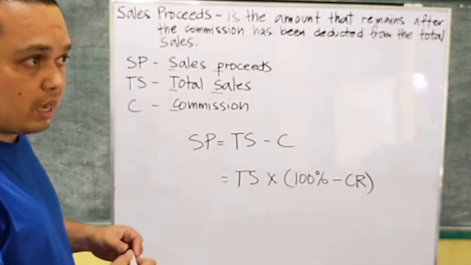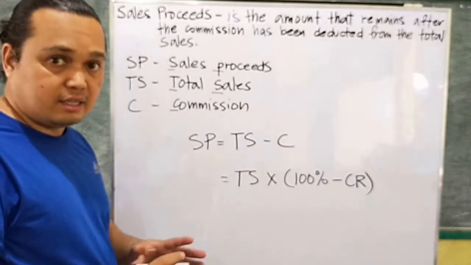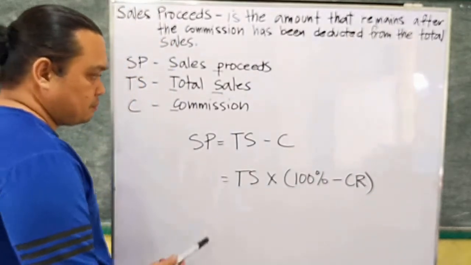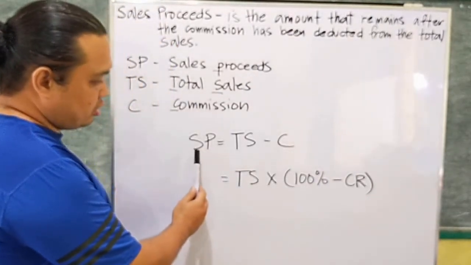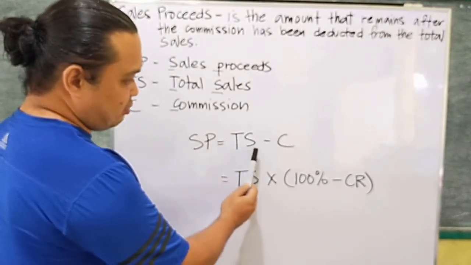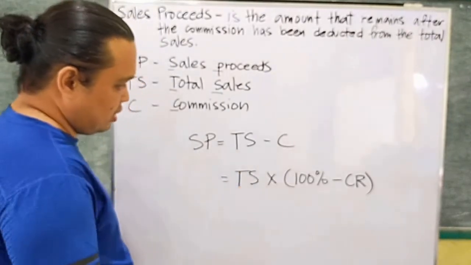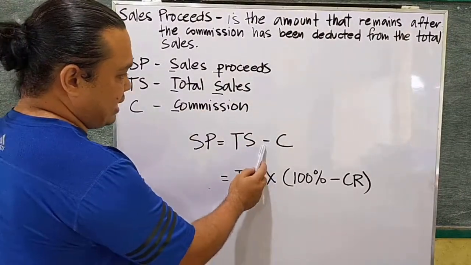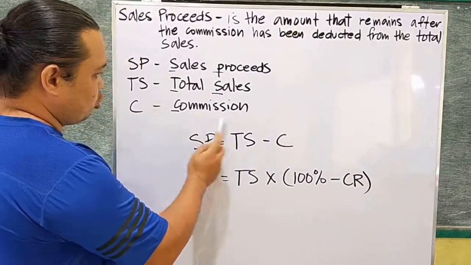There are two formulas in getting sales proceeds. The first formula is SP, or sales proceeds, equals total sales minus commission. TS here is total sales minus C for the commission.